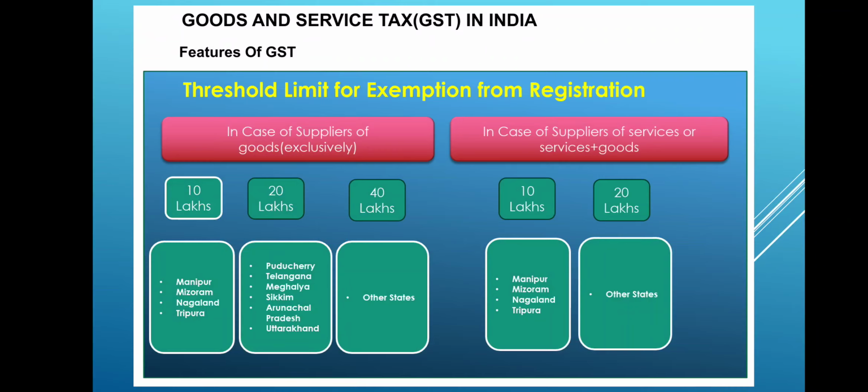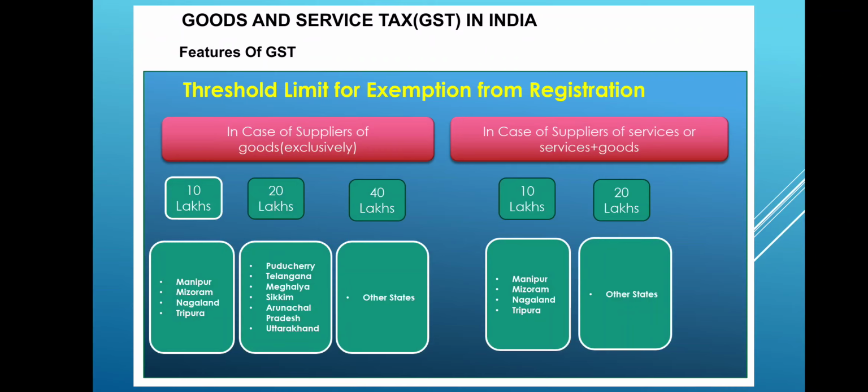Rupees 10 lakh is the aggregate turnover threshold limit for the suppliers of goods. That means if any businessman or any person whose aggregate turnover is below 10 lakhs in case of Manipur, Mizoram, Nagaland, and Tripura states, only that person will not be allowed to register under GST.